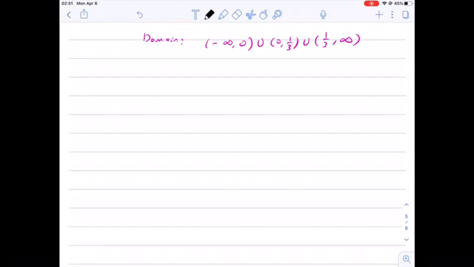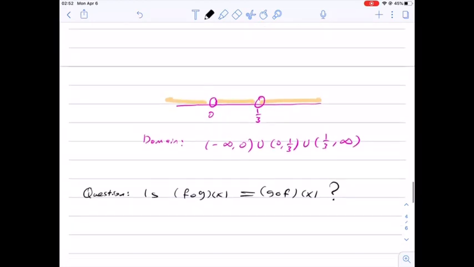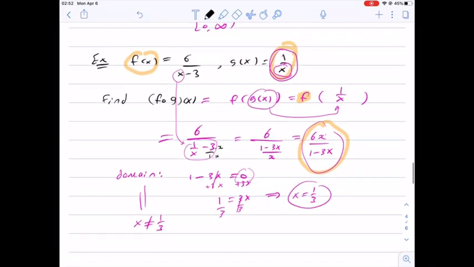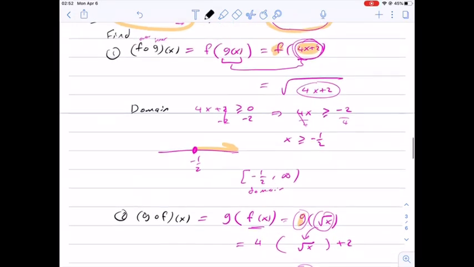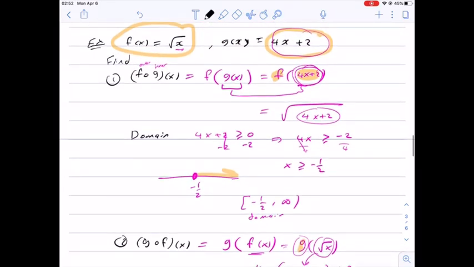Now we have an important question here. So the question is, f of g of x, or f compose g, is equal to g compose f of x? The answer is, by looking at the previous problems, let's see if we solved one problem with f. Yes.